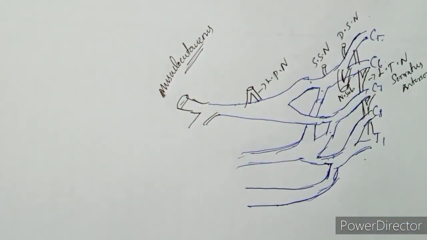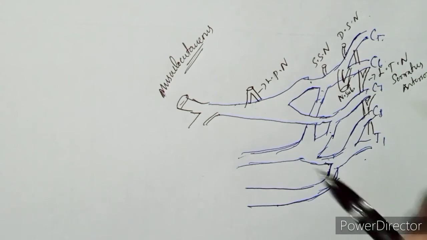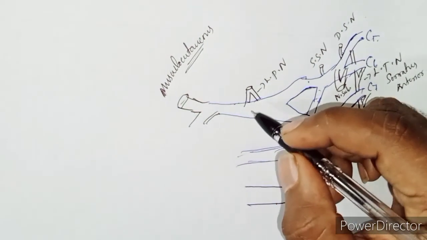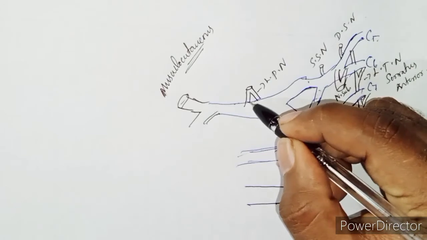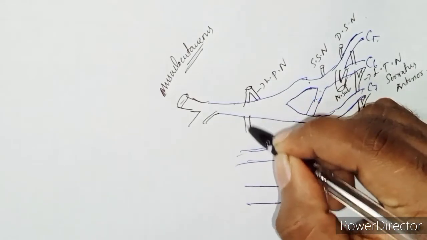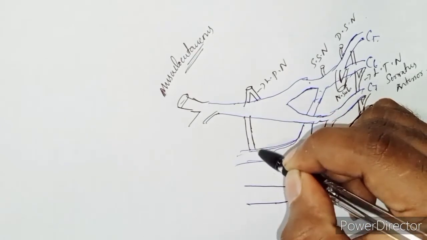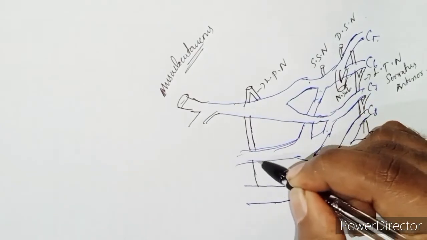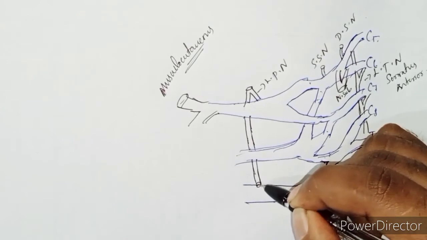The sensory part is going to supply the lateral side of the forearm, and then the motor part is going to supply the coracobrachialis, brachialis and biceps brachii. Then this lateral root is going to come down over here and end over here.